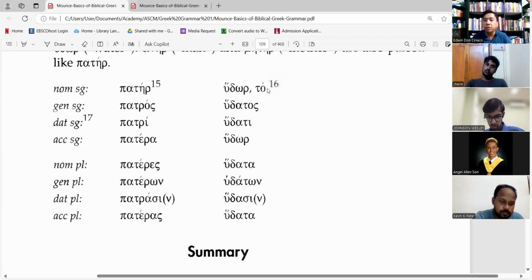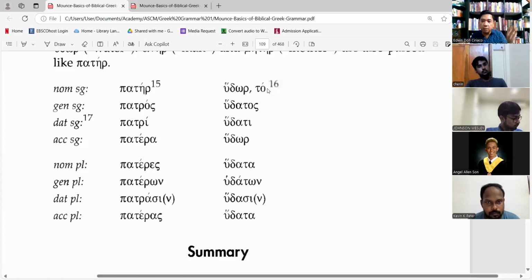Then you really need to understand the context. You really need to understand the sentence, how it is being used. First, you know that hudor is water. Hudor does not do an action, because hudor is water, it is not a person.